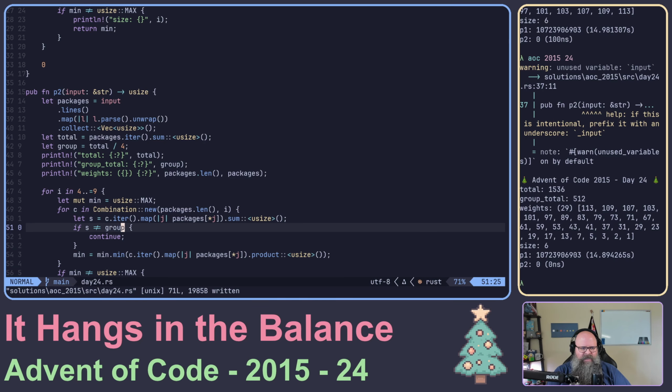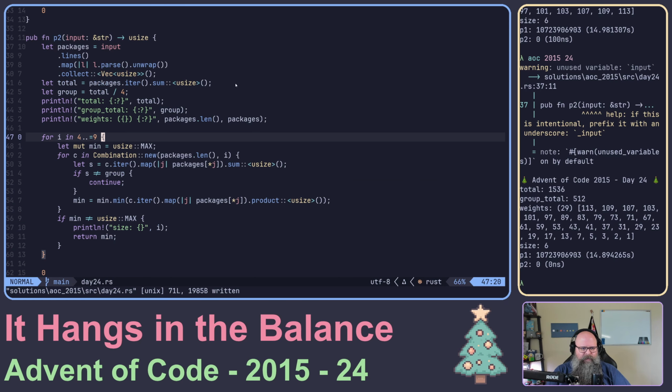That does change these numbers. It technically shrinks. I still think 4 is the minimum. So you divide by 4 the group value.